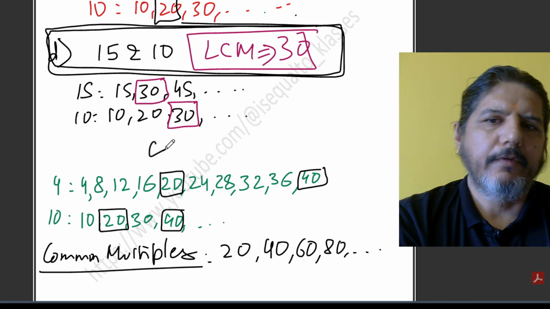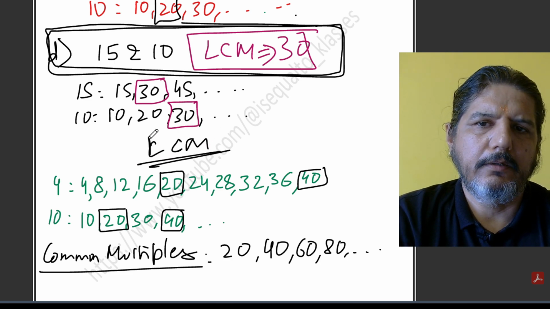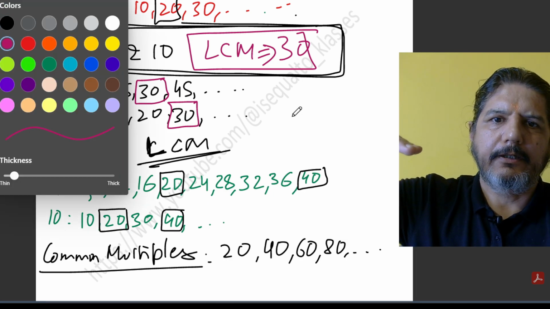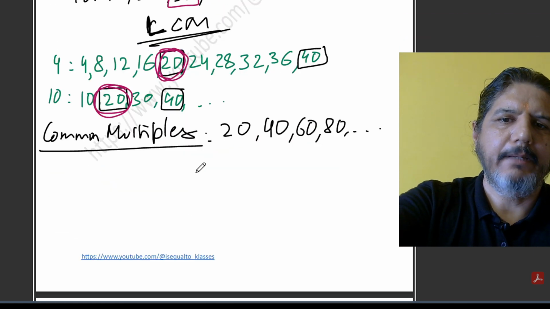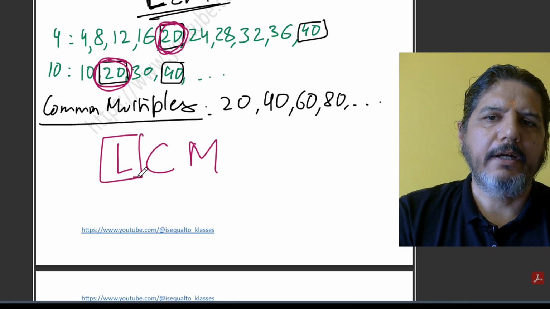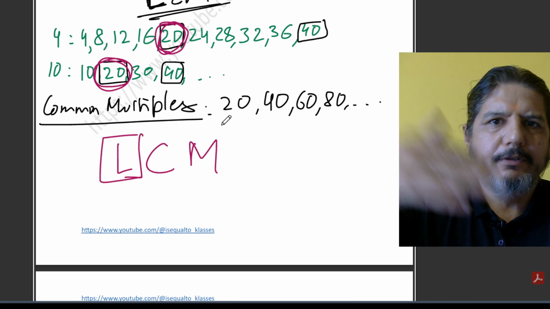But when I'm trying to find the LCM, what I'm trying to find is the lowest common multiple. So the lowest common multiple would have to be 20. And that is the meaning of LCM. You have to find the lowest common multiple. I hope now it's clear.